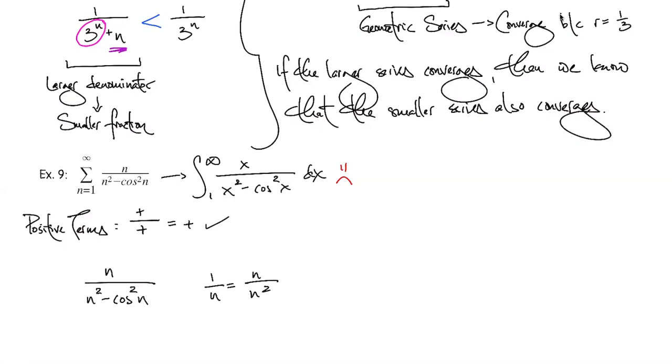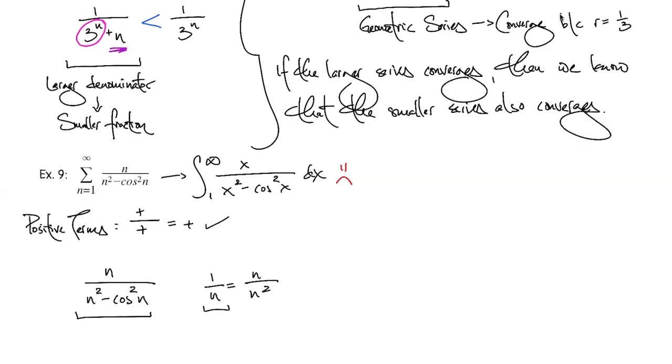N on the top, n on the bottom, those reduce to 1, and I get 1 over n. So let's compare 1 over n with n over n squared minus cosine squared n. Which one is going to be bigger or smaller, and why?